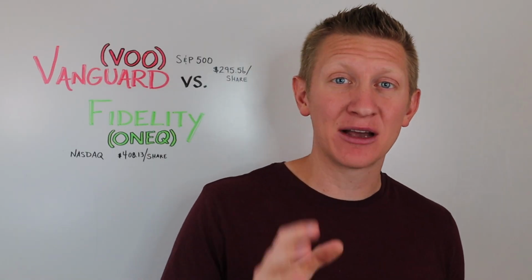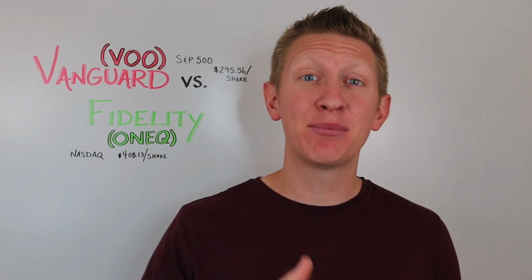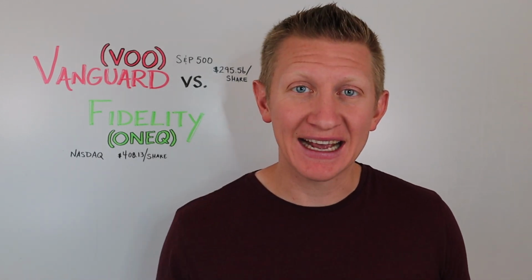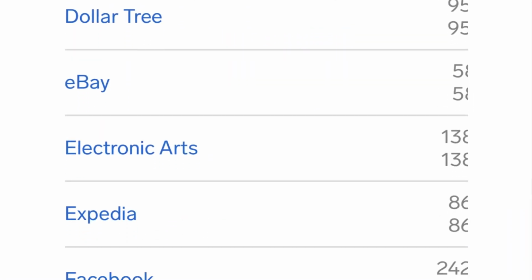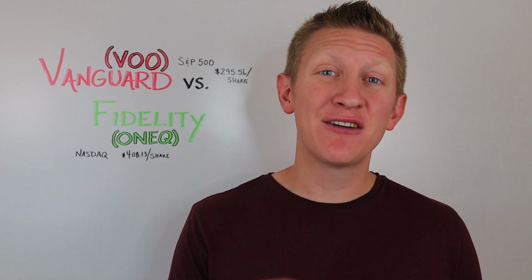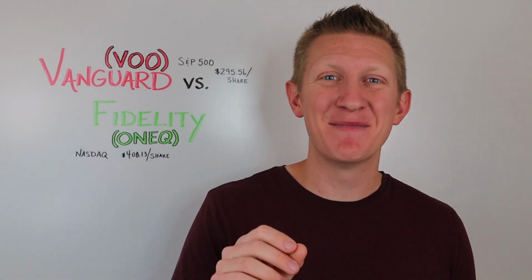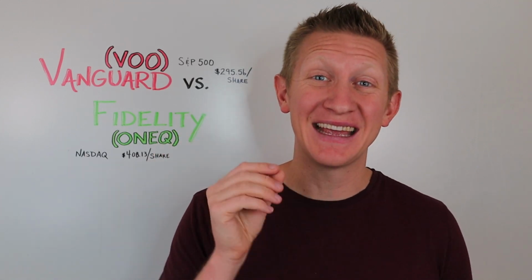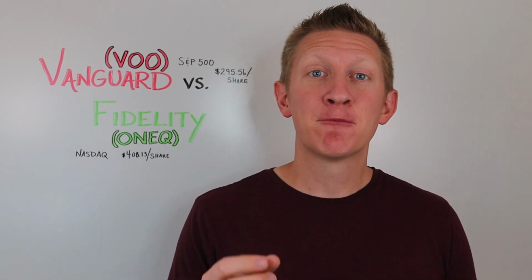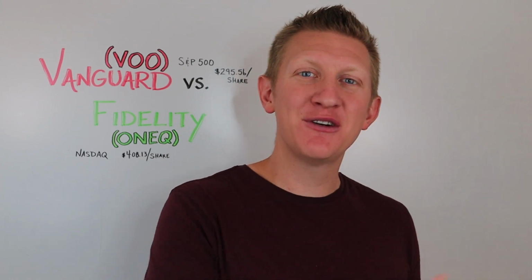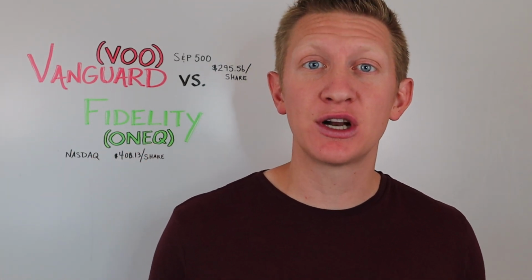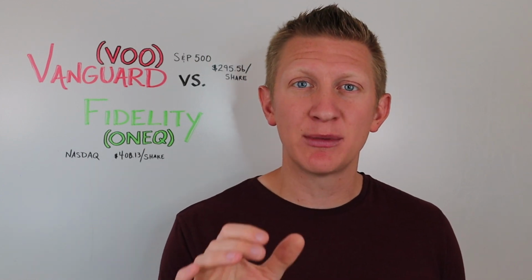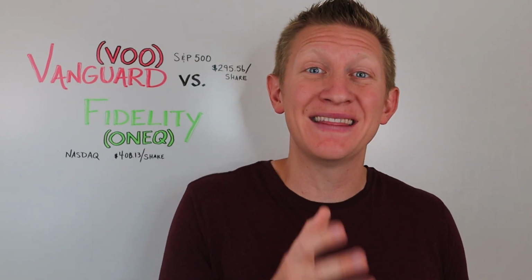Now, the NASDAQ Composite Index is a wholly separate stock market index, totally different place where stocks are traded, and this index actually holds over 2,500 different stocks. Now, there's not that many stocks in this specific ETF, but the point is, we're talking about the S&P 500 versus the NASDAQ index. Now, there's definitely some crossover there in some of the stocks, and you're going to see that when we talk about the underlying portfolio in these ETFs.